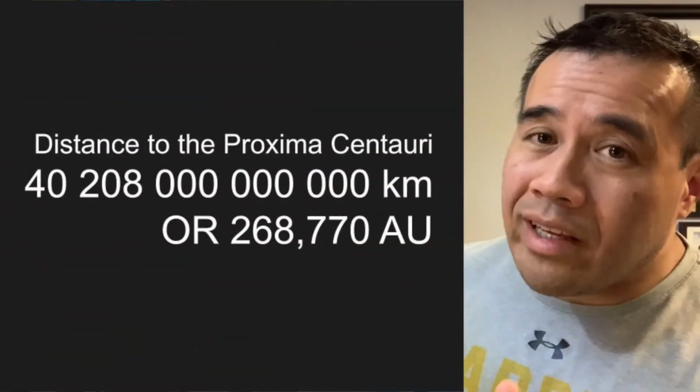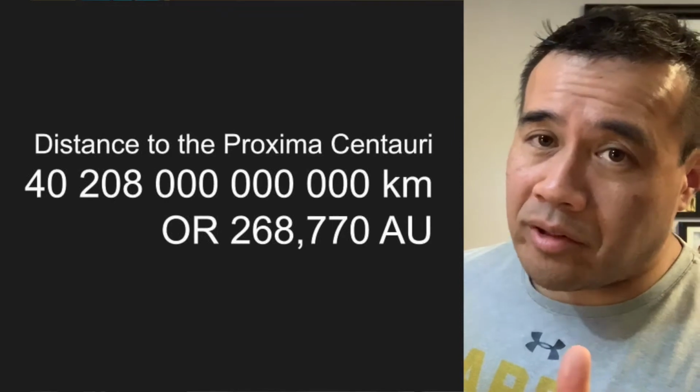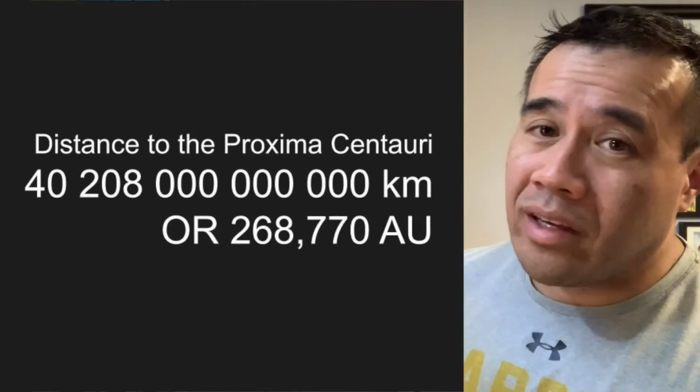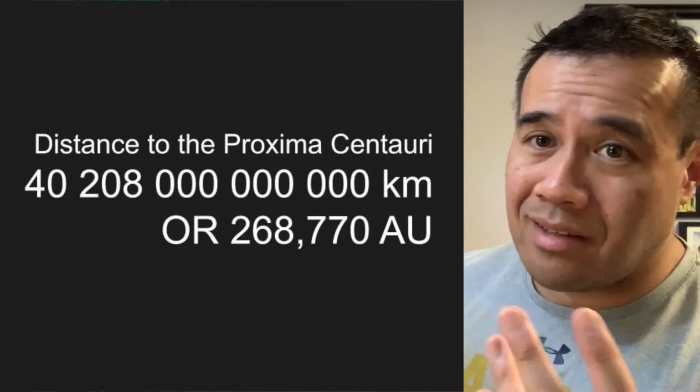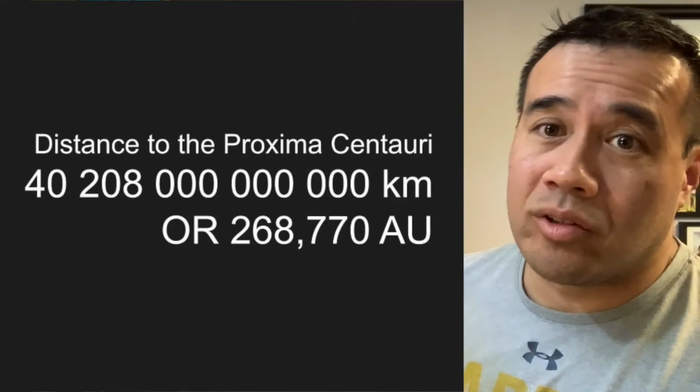So the next closest star to us and our sun is called Proxima Centauri. And that star, which is within the Milky Way galaxy, is about 40 trillion kilometers away. Or we could say about 268,000 astronomical units. So that becomes a bit of a problem.